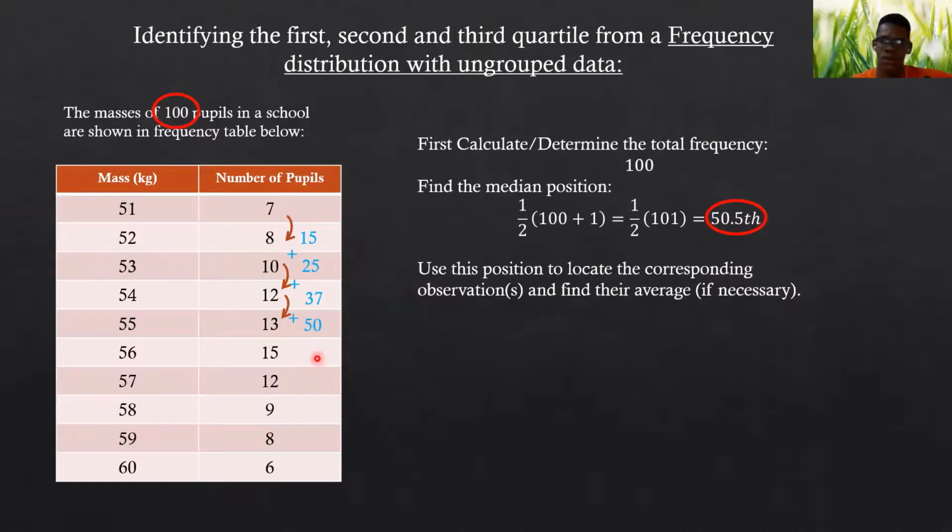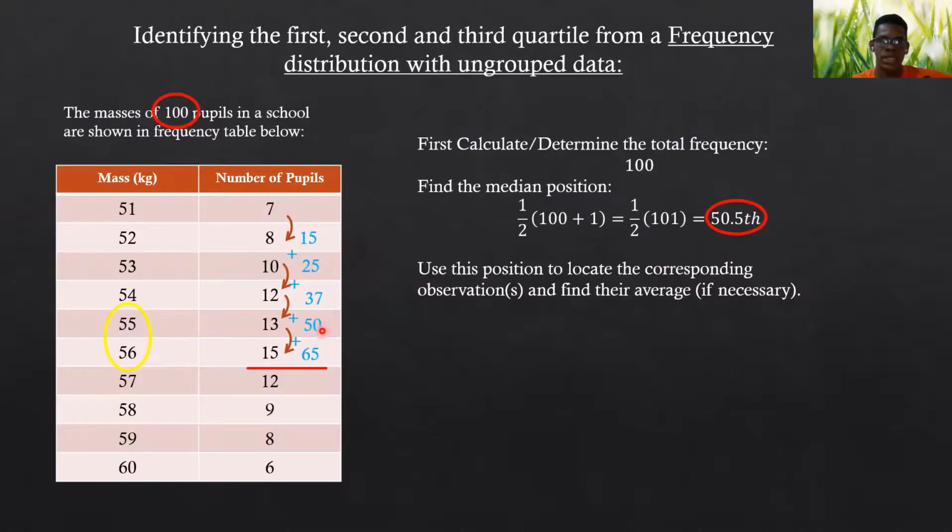For those of you that weren't here last class, that might have been a bit confusing, but for those of you that were, remember what to do here. Because it's 50.5, and this value is 50, which is the whole number for our 50.5, we have to go another step down and take the observation both for the 50 and the value more than our 50.5.